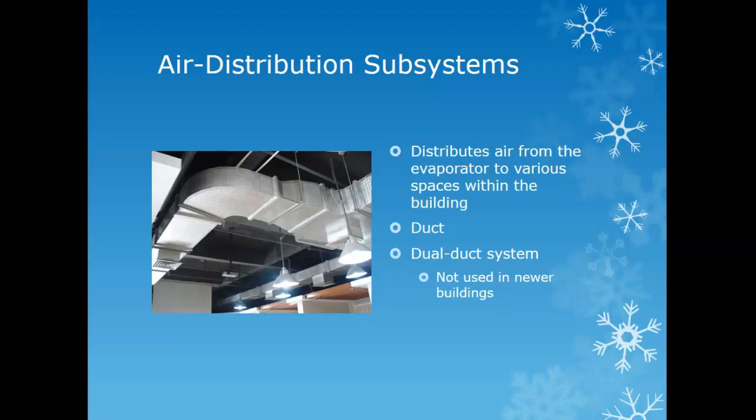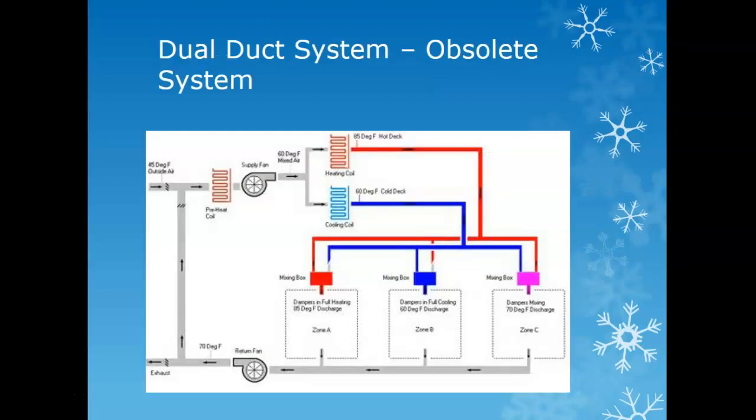A lot of older buildings have what's called a dual duct system. Most buildings that are newer don't. Why? Because why would we want that? Because what a dual duct system does is it runs both a hot air and a cold air. Not too bad, as long as you can get the mix right.